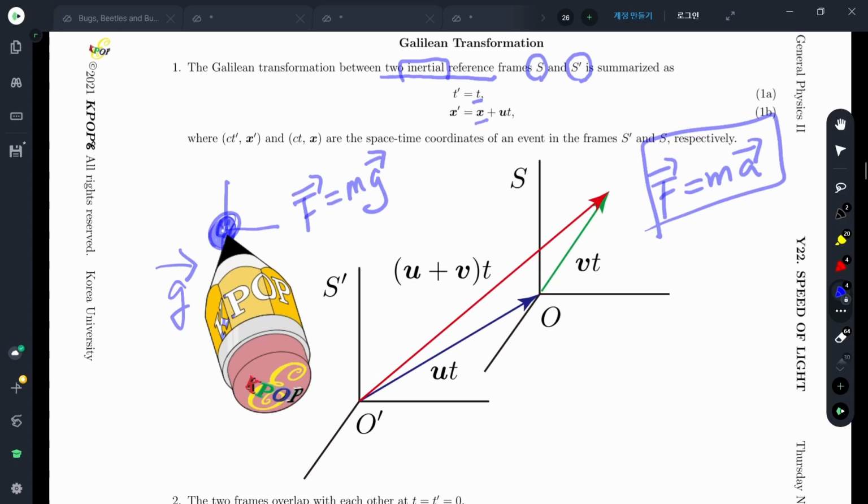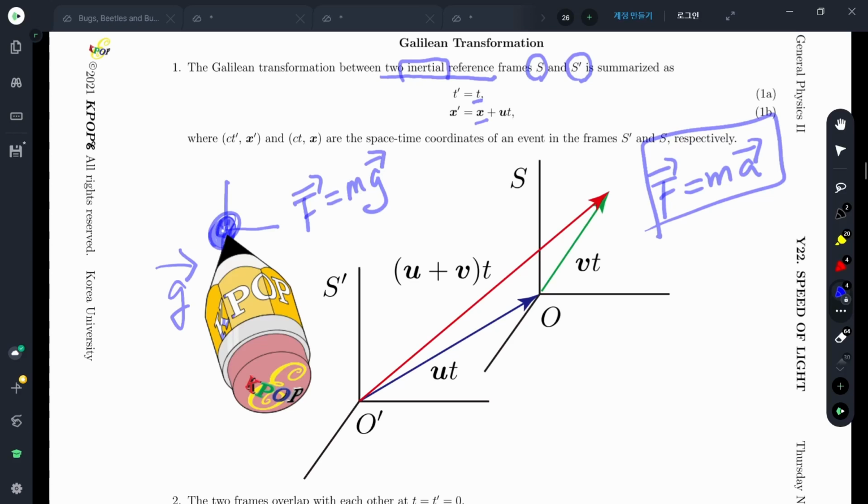In general, we can still make use of a non-inertial reference frame, but we need to interpret it carefully, because the translation from an inertial reference frame to a non-inertial reference frame has a different structure. For example, F equals ma does not work at all in a non-inertial reference frame.